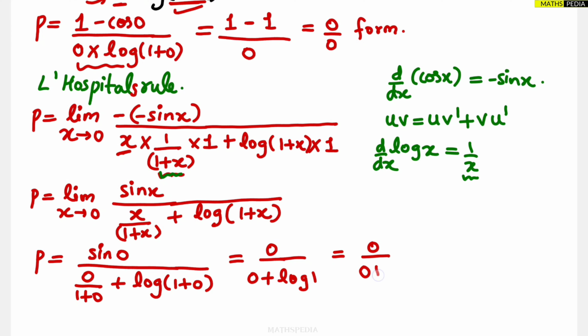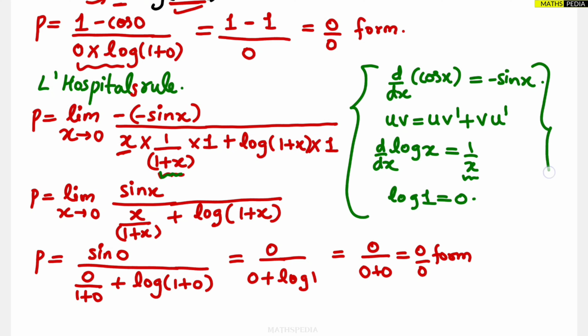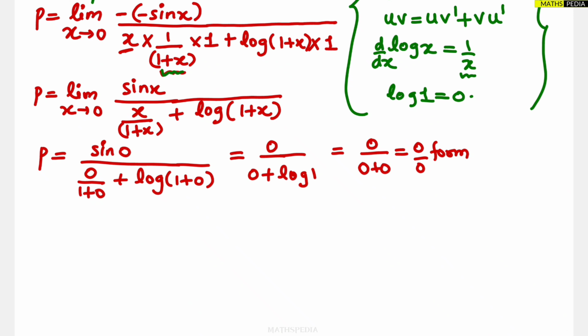So 0 plus 0, 0 by 0. So one more formula you remember, always log 1 value is 0. All these things you have to remember. Since it is 0 by 0 form, again you have to apply the L'Hospital's rule.